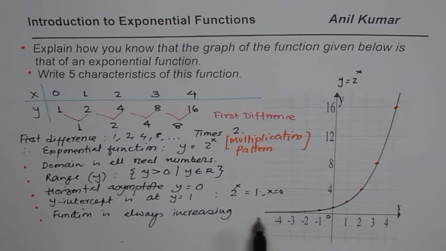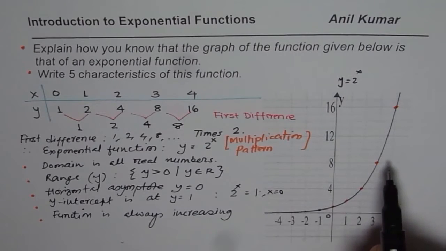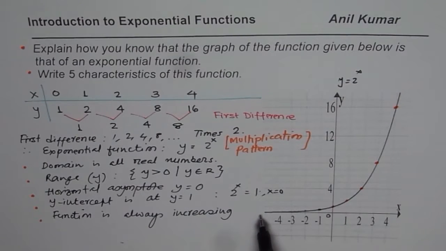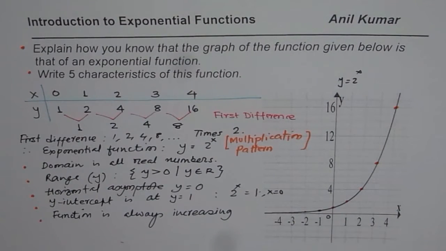So if I draw a tangent at any point, we'll get it with positive slope, starting from almost 0 to infinitely large value, right? So these are good characteristics to talk about when we are discussing exponential functions. I hope that helps. Thank you and all the best.